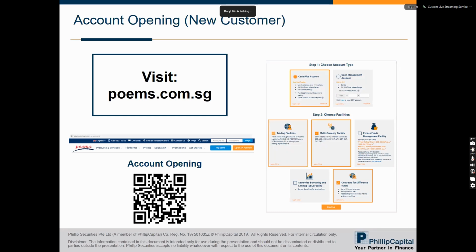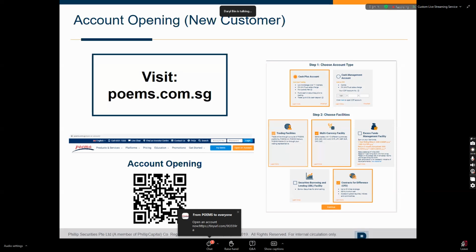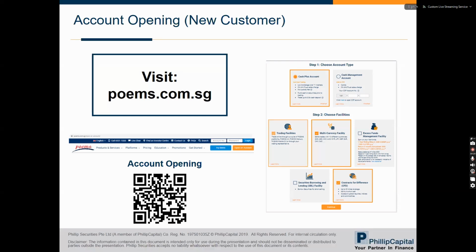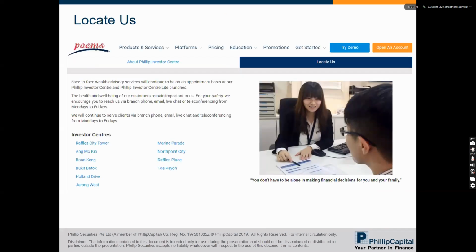Or alternatively, you can walk into your TR, call your TR, or walk into the affiliate investor centers. Or you can scan the QR code. These are the locations that we have. We have quite a few outlets. You can find them on our website.